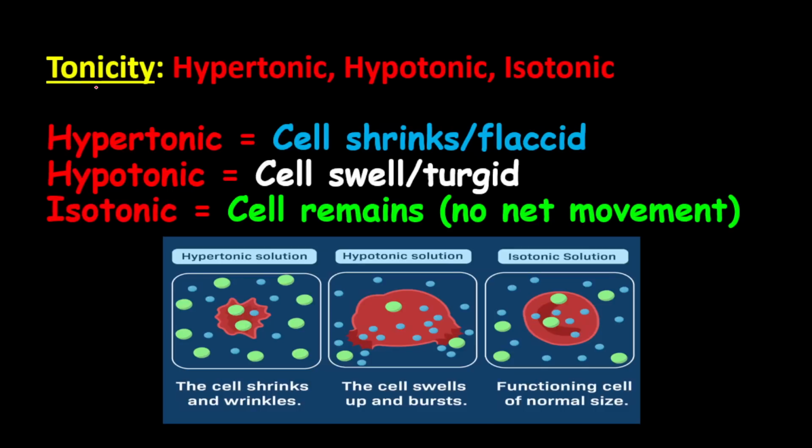Again, tonicity refers to osmosis, which means the movement of water. The small blue dots represent water, and the green ones represent the solute, for example sugar or salt. So water is going to move from the inside to the outside and cause the cell to shrink. In a similar way, with hypotonic, water will now go the opposite way.